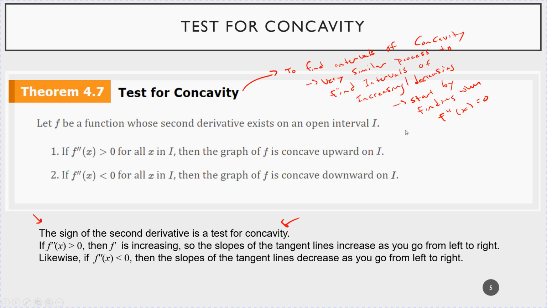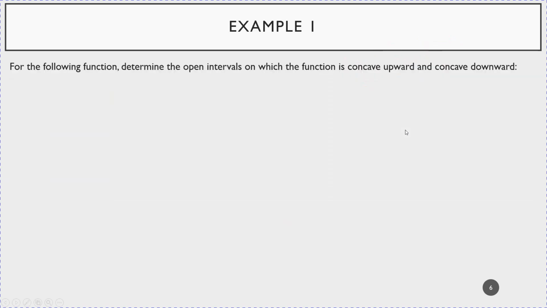Here's what we want to do. For the following function, let's determine an open interval on which the function is concave upward and where it's concave downward. We'll start with a nice polynomial function: f of x is equal to x to the fourth minus 3x cubed.